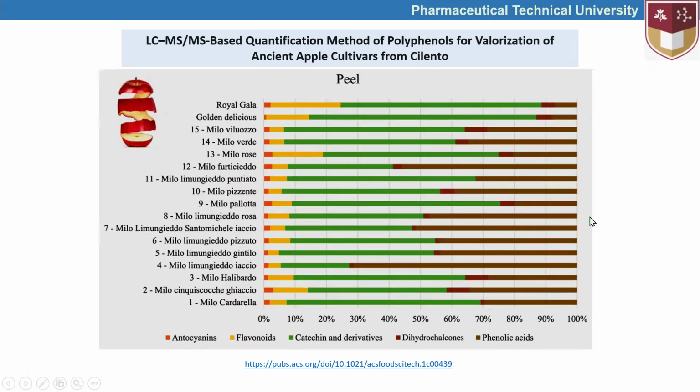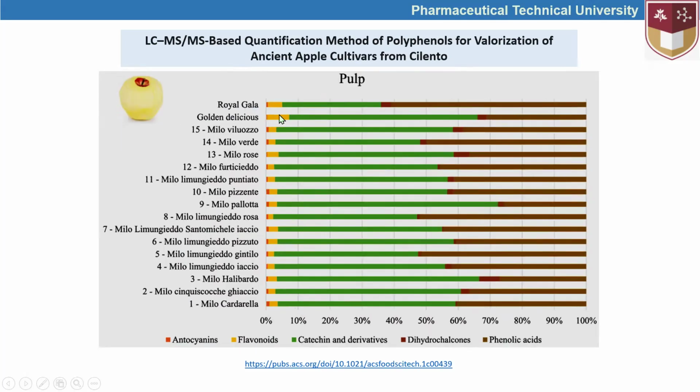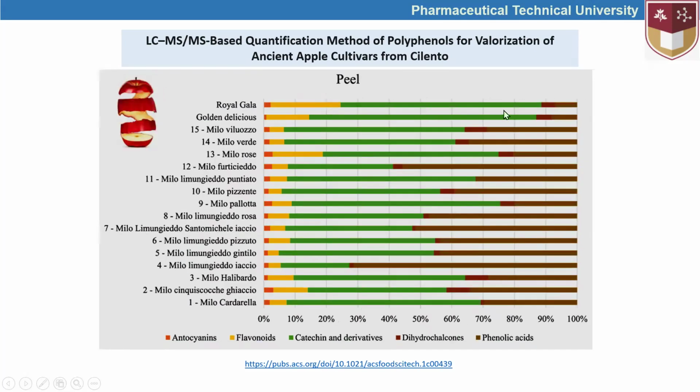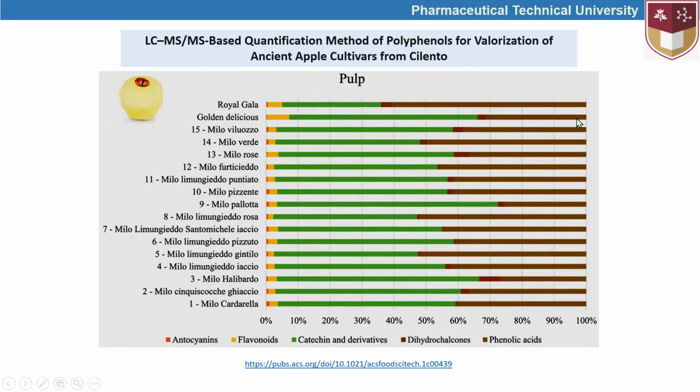And the comparison can allow us to see that in the peel and pulp, the main differences belong to catechins and phenolic acids. Here we can see the catechins in the peels are much more compared to the concentration in pulps in Royal Gala and Golden Delicious varieties.